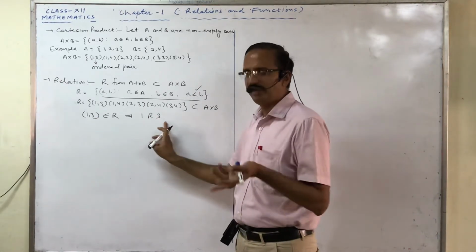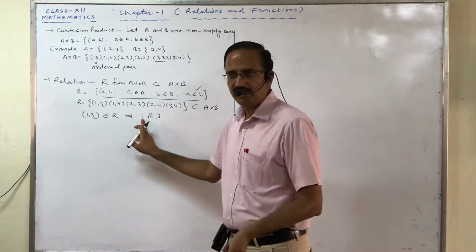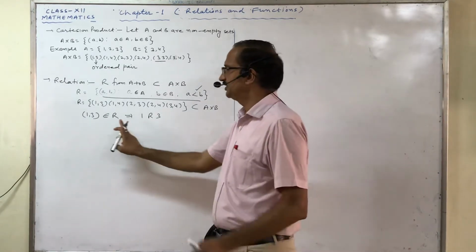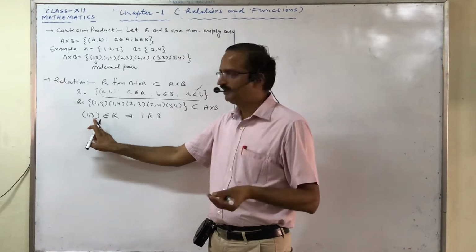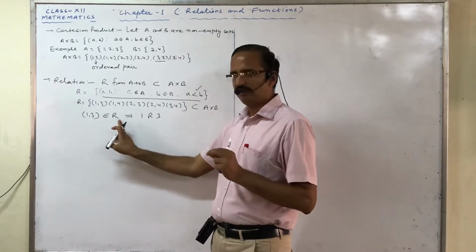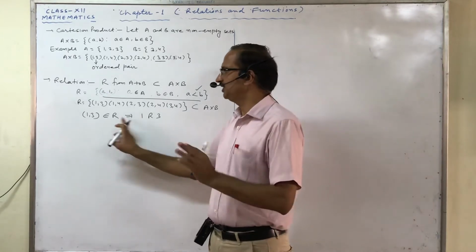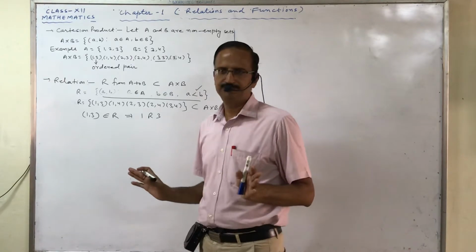Means these two elements, where the first element belongs to set A and the second element belongs to set B. So it means 1 and 3 are related, or we can say (1, 3) belongs to R. Similarly, 1 is related to 3. The meaning of both these is the same. The way of writing is different, but the meaning is the same.